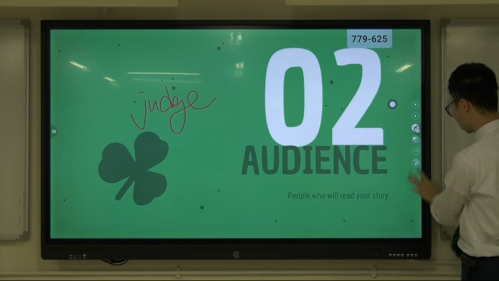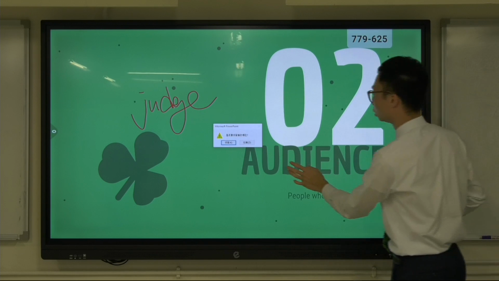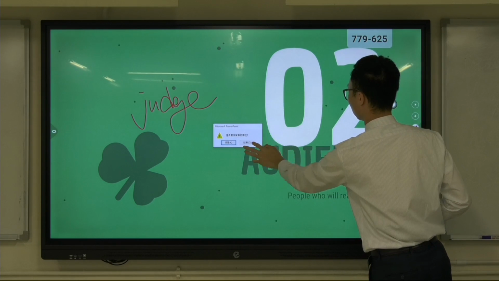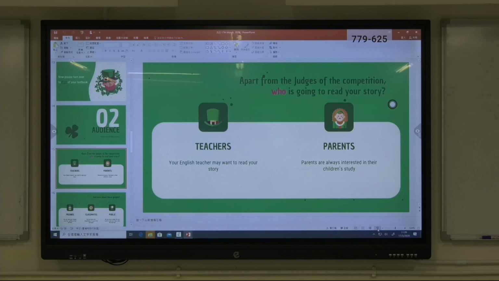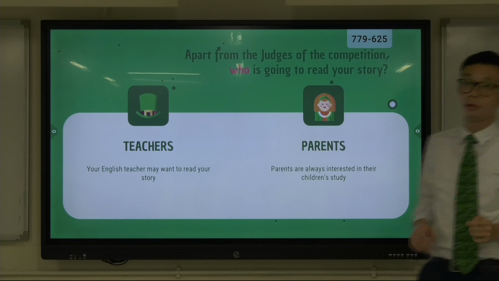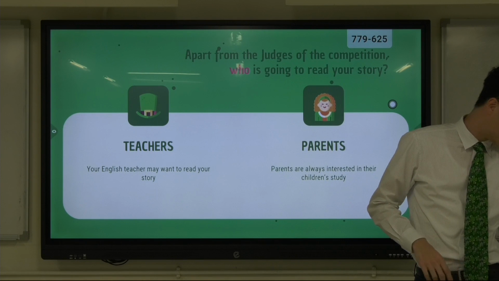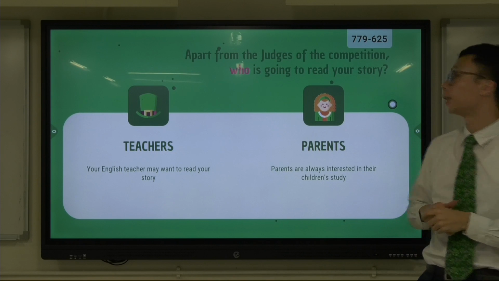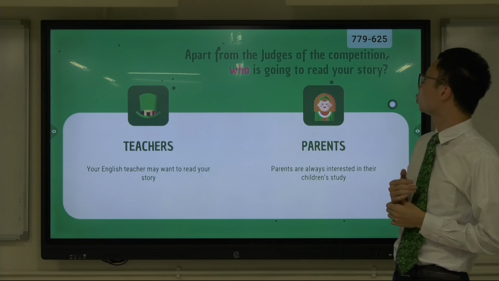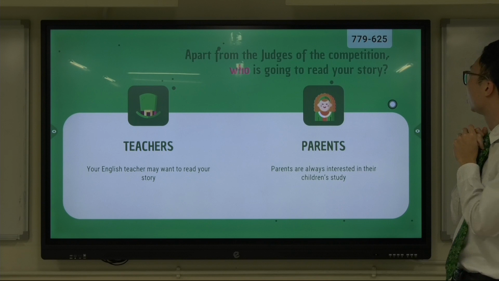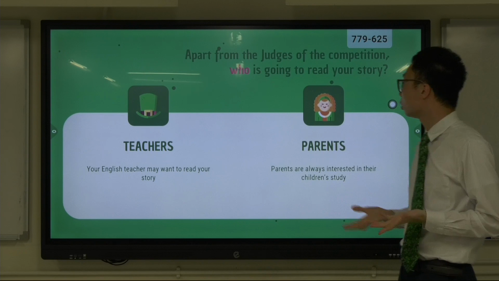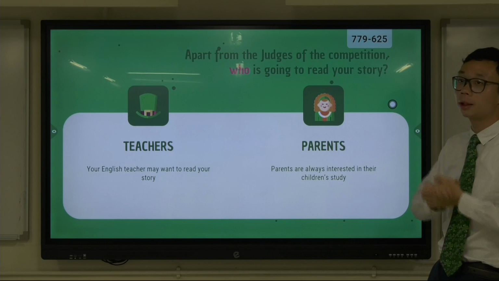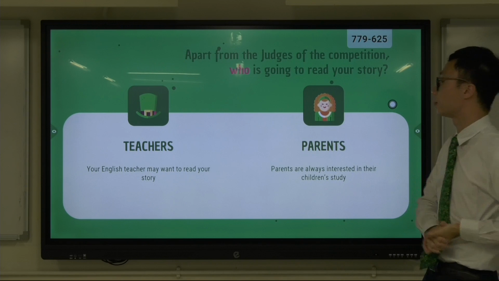I'll give you some time. If you read page 22, it even says, apart from the judges of the competition, who else is going to read your story? You need to think about who your audience is supposed to be.